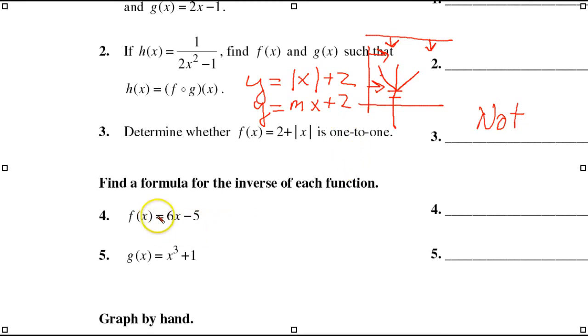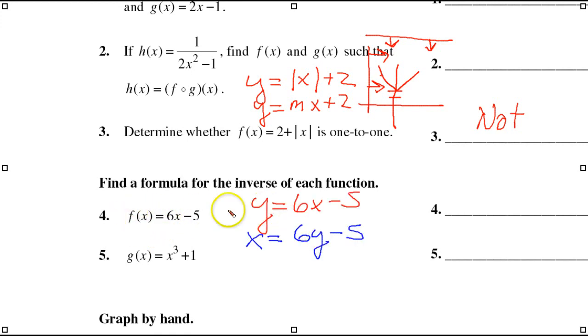Okay, and then finding the formula for the inverse. Let me set this up. So the first thing is we change the function symbol to y, and it's in slope-intercept form. And then we reverse the letters. X goes to this side, y goes to this side, and then we solve for y.